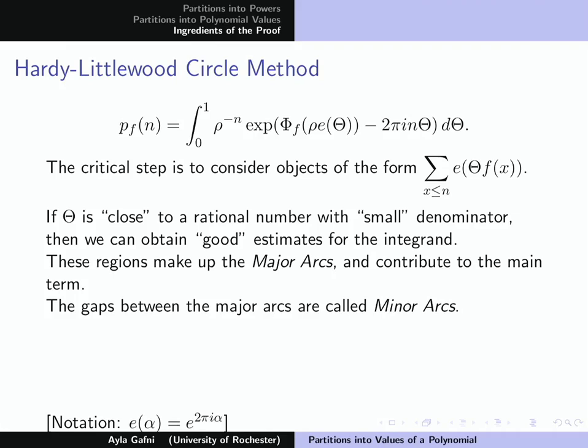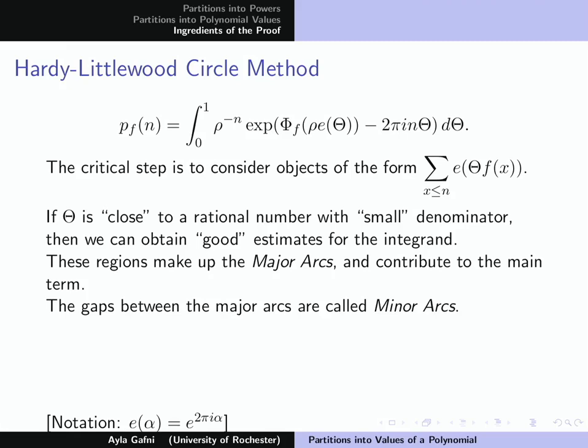And so the main tool that I'm using for most of this is the Hardy-Littlewood circle method. So I'll just give a brief overview of how this works. The critical step is that we're going to need to consider exponential sums of this form.